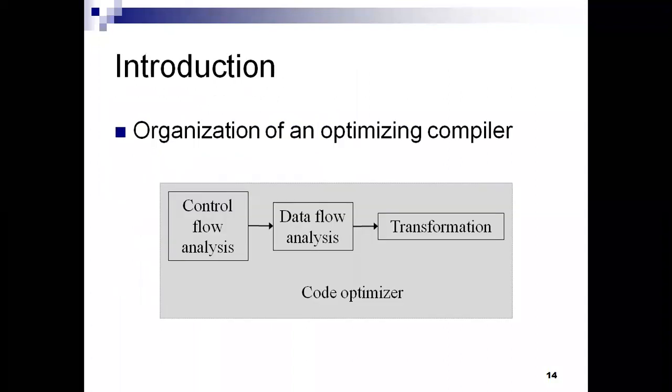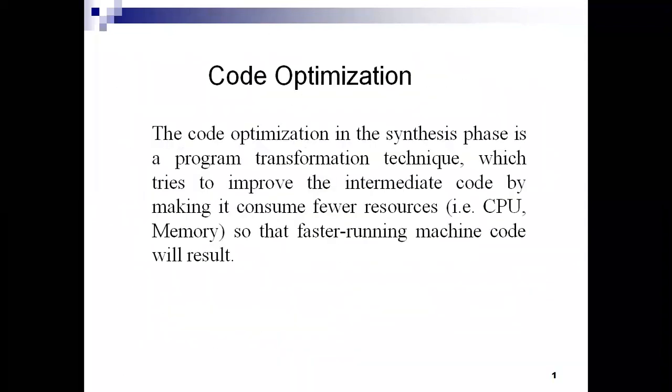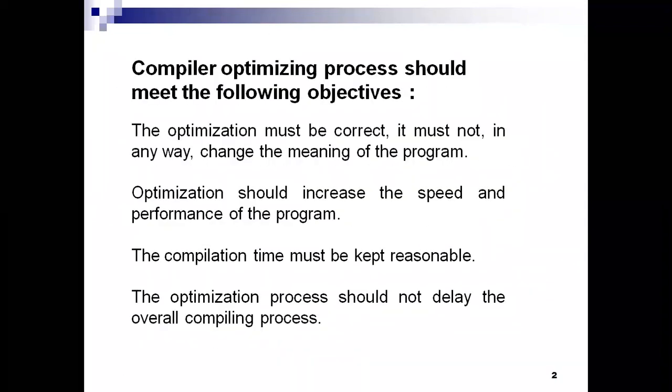Initially I explained what code optimization is, and what the objectives of the optimizing process are. When compilers optimize, the process should meet the following objectives, which are the most important ones to remember from the start of this phase to the end: improve the speed, improve the time, and most important, do it without changing the meaning of the program.